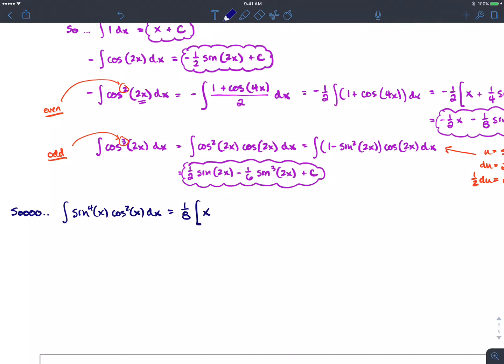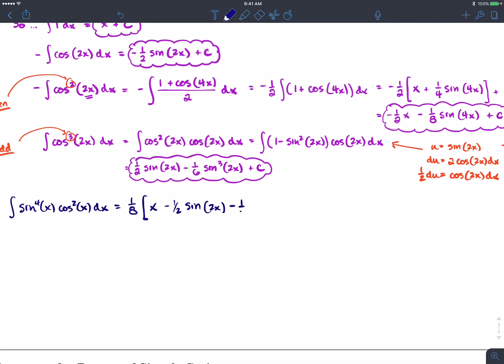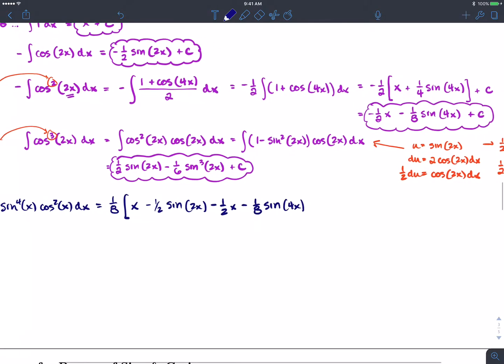So we're going to have x, we'll save the c's for later. We're going to have minus 1/2 sine of 2x plus c, and then we've got minus 1/2 x minus 1/8 sine of 4x, and then the plus c.